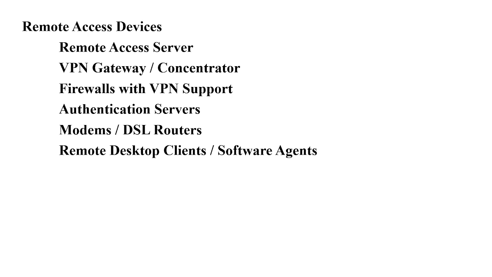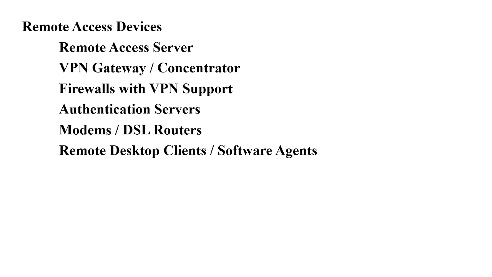So here are all the different remote access devices: remote access server, VPN gateway, firewall with VPN support, authentication server, modem or DSL router, remote desktop client or software agent.